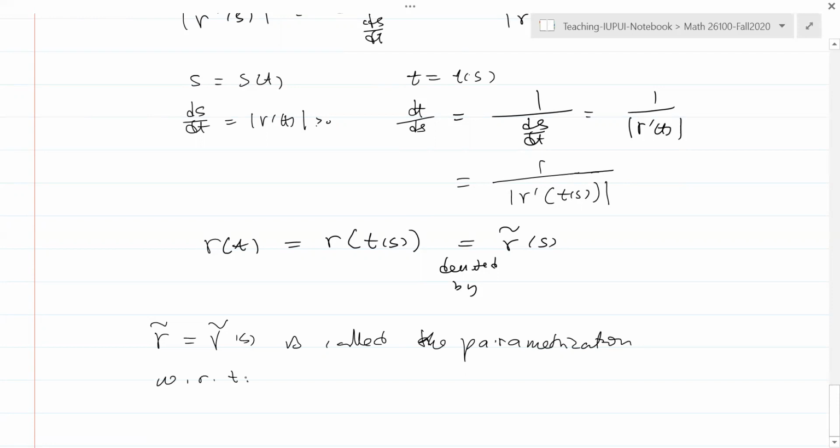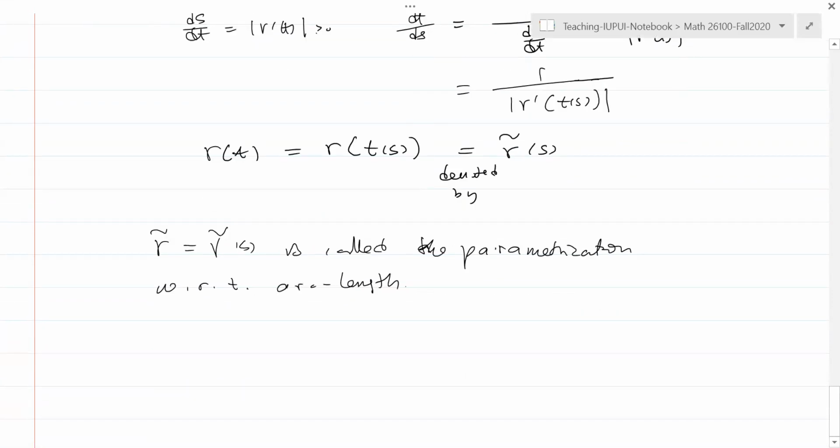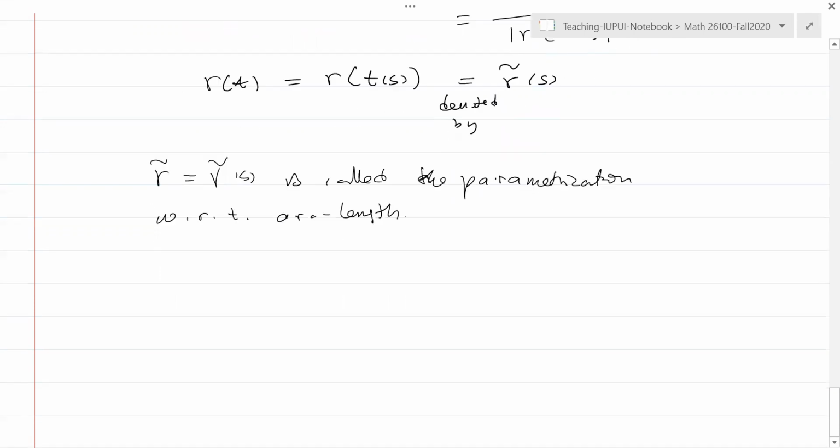This is the ideal situation, and for any curve we should be able to find the parametrization with respect to arc length. But in reality, it's almost impossible to use elementary functions to describe it. For the helix, I did it, but for an arbitrary curve, even one that looks very nice, it's almost impossible to express the parametrization with respect to arc length using elementary functions.